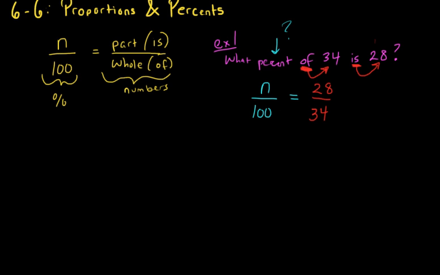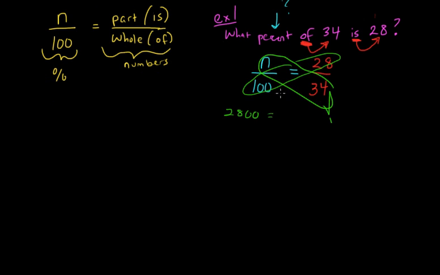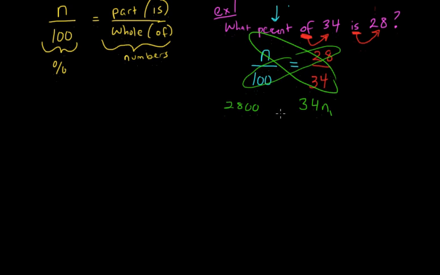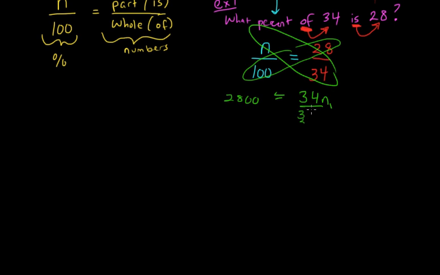And of course we would do our cross products and all that good stuff, and I'll go ahead and do that in green. So 100 times 28 would be 2800, and n times 34 would be 34n. Messed that up pretty bad. 34n. We would divide both sides by 34.